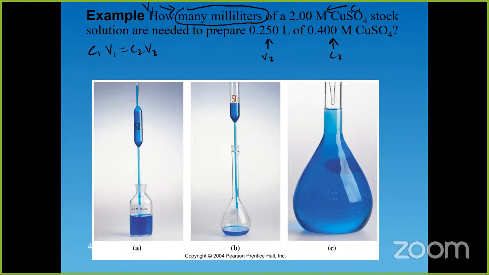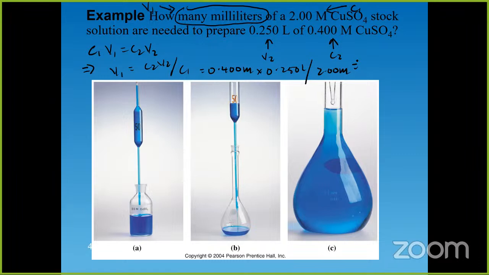Since the question is asking for V1, I would rearrange this equation to get V1 equal to C2V2 over C1. And then I'll plug the numbers in. So C2 is 0.400 M times V2, which is 0.250 liters, and then divide that by C1, which is 2.00 M. And then you do your calculation.